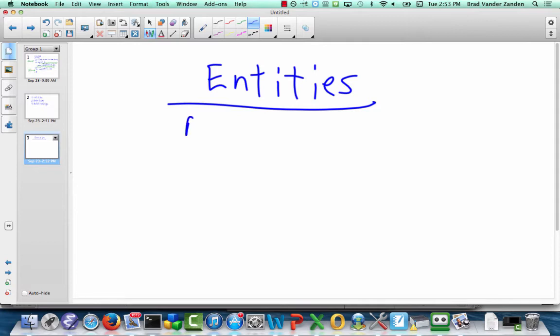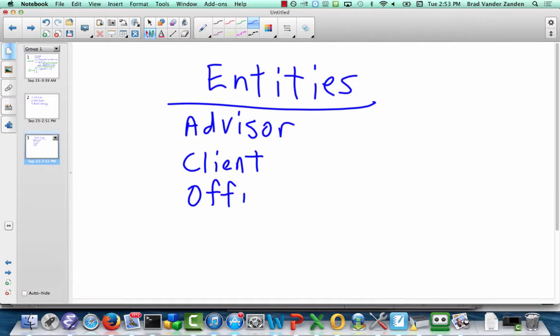Investment advisor. Client. I think I heard another one. Office. I heard another one. Stock. Okay, dividends is an attribute. Dividends could be stored with stock. So we don't actually need to have anything else.